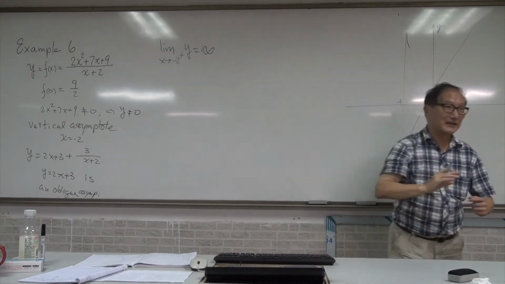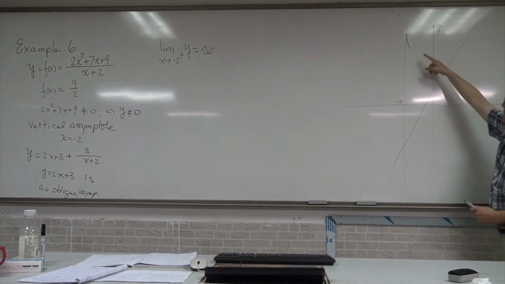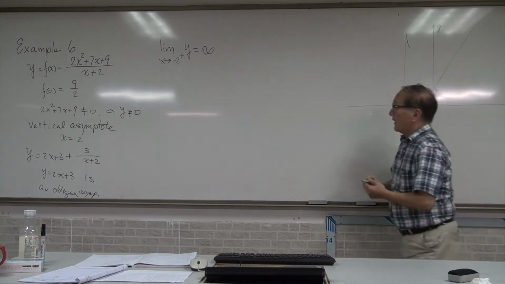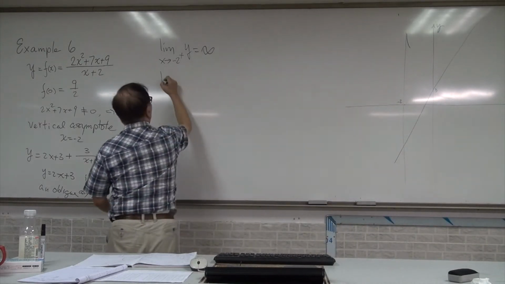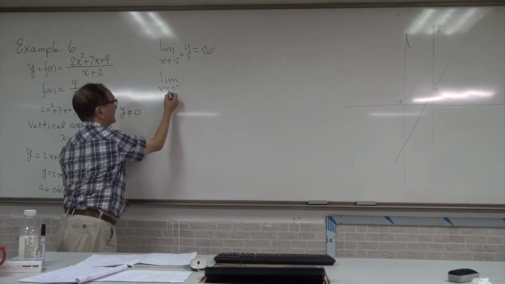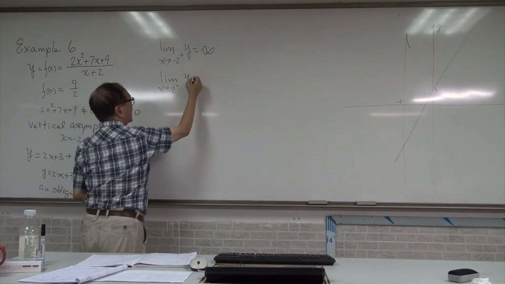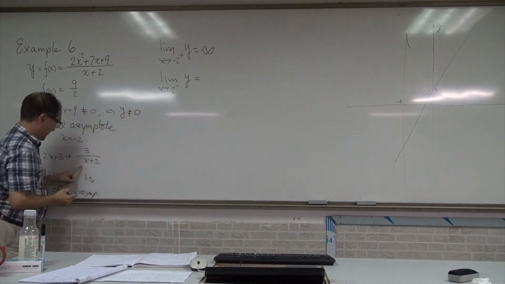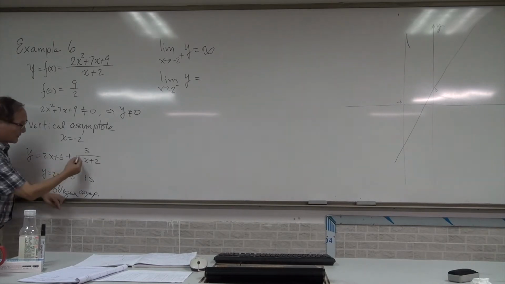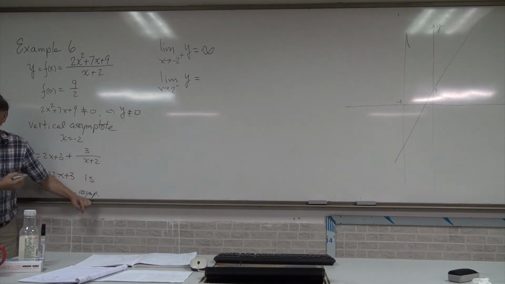Can you imagine? This is the situation when x is here, y is a very big number. And when x is approaching negative 2 from the left hand side, so this is negative 2.0000 something, this result will be negative but very small.